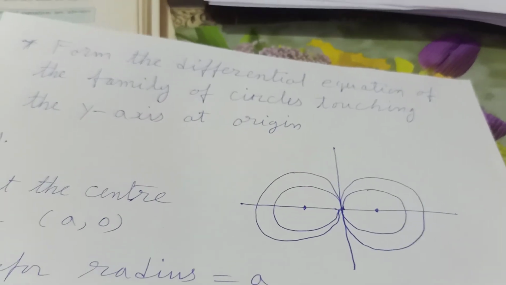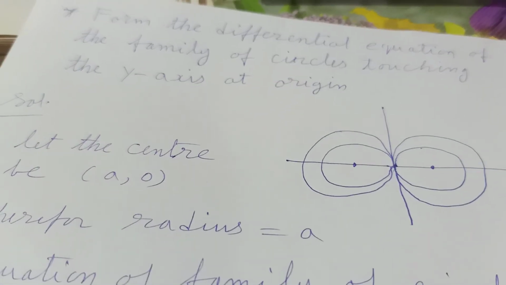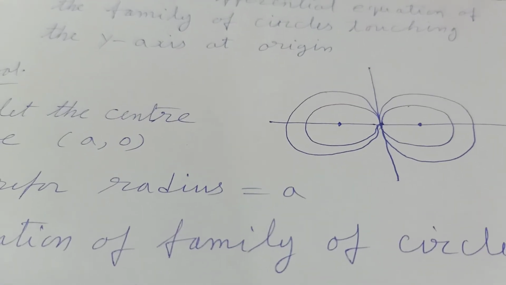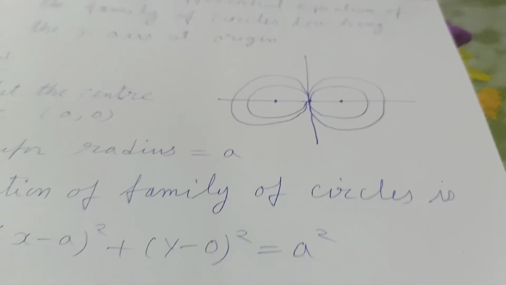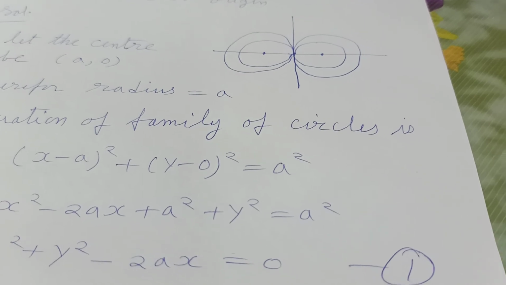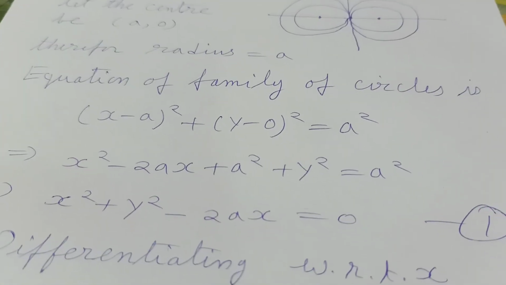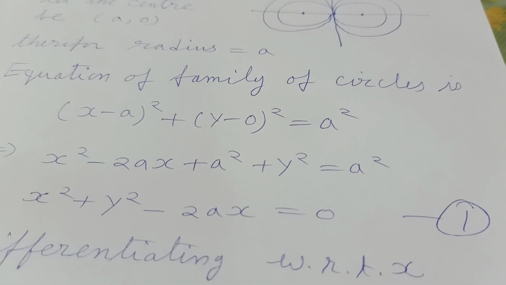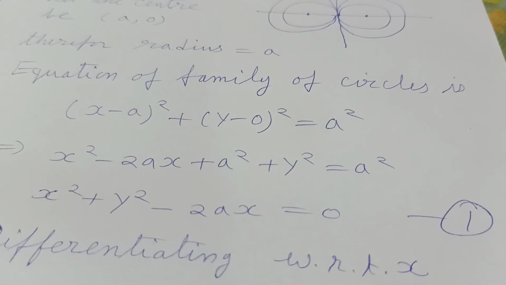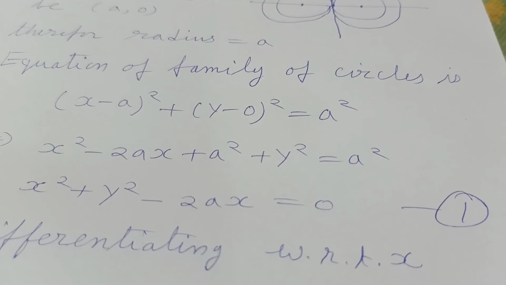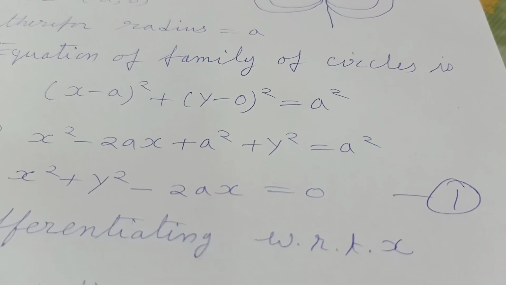So suppose the center of the circle is (a, 0), therefore the radius will be a, and the equation of the family of circles will be (x minus a) whole square plus (y minus 0) whole square equal to a square. After solving it we will get x square plus y square minus 2ax equal to 0. So we observe that it is an equation with only one parameter.